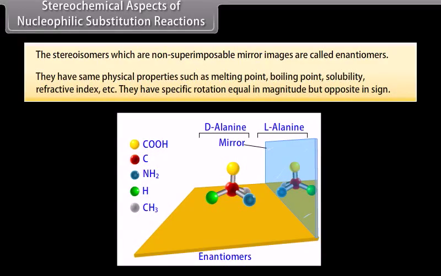They have the same physical properties such as melting point, boiling point, solubility, refractive index, etc. They have specific rotation equal in magnitude but opposite in sign.